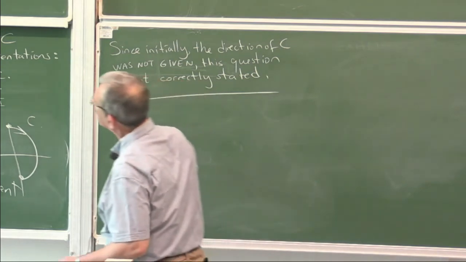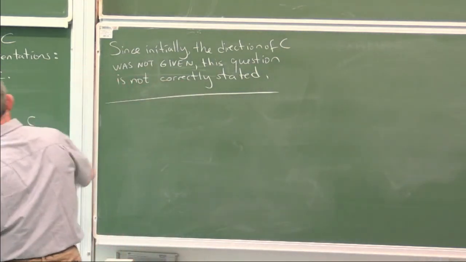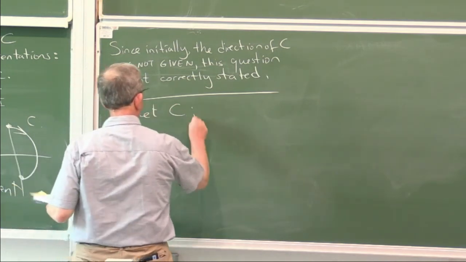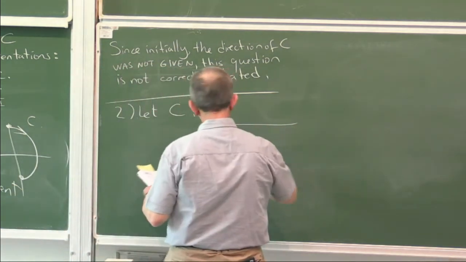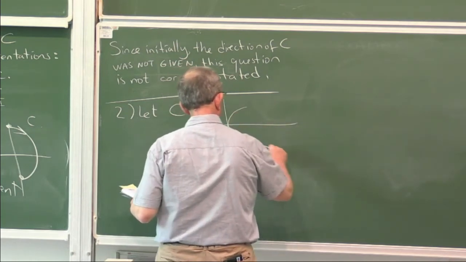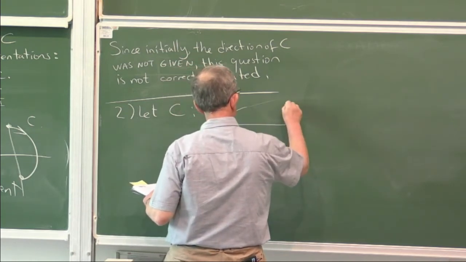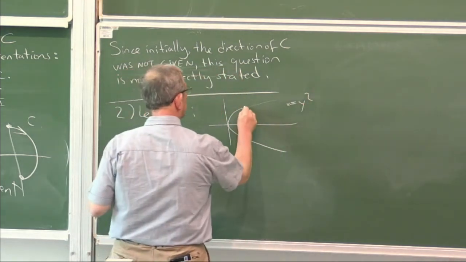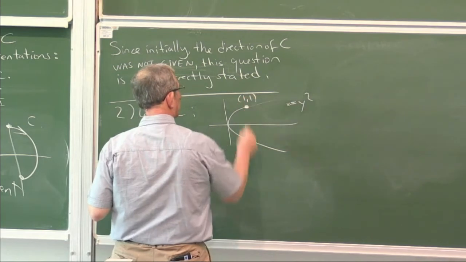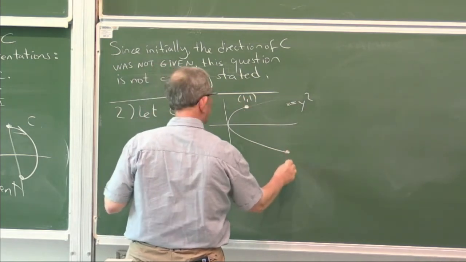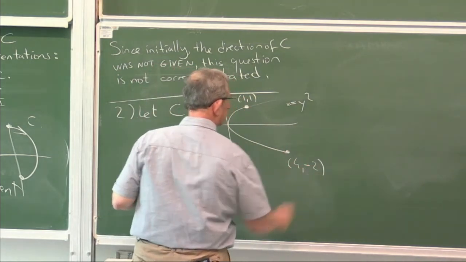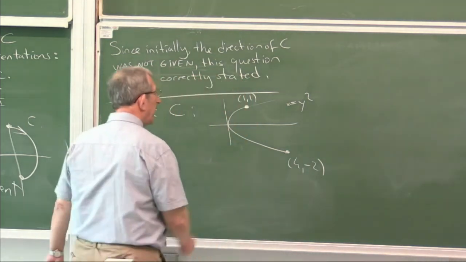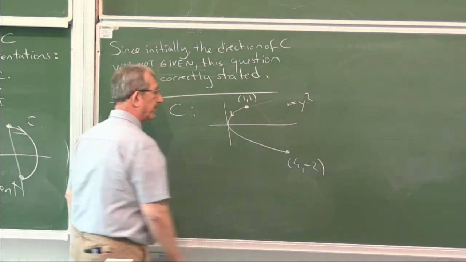Well, as a second example, let C be the parabola x equals y squared, but from this point, which is 1, 1, up to this point, which is 4, minus 2. And in this direction.